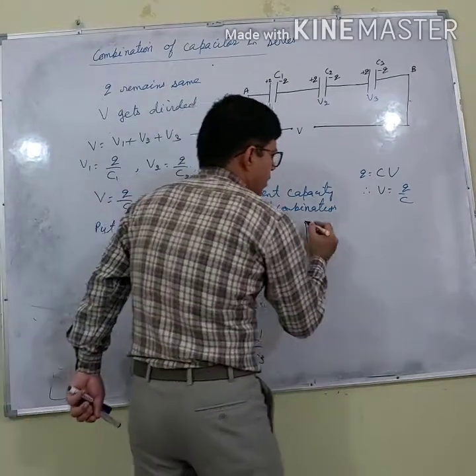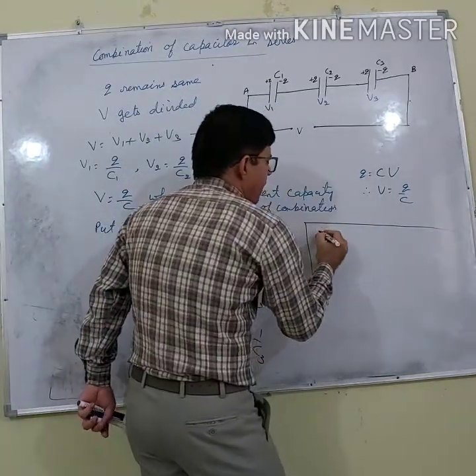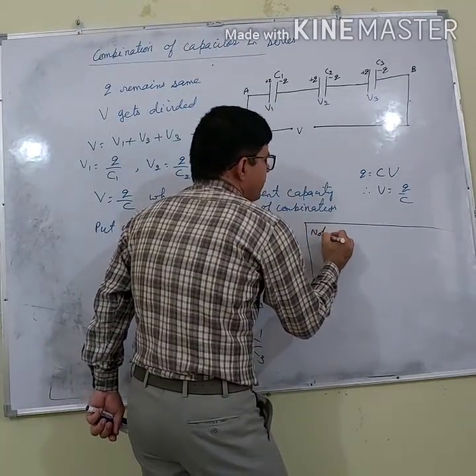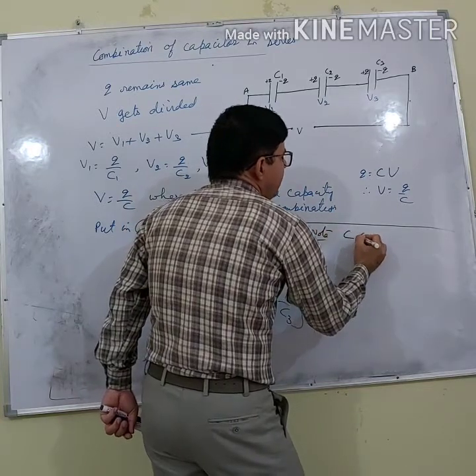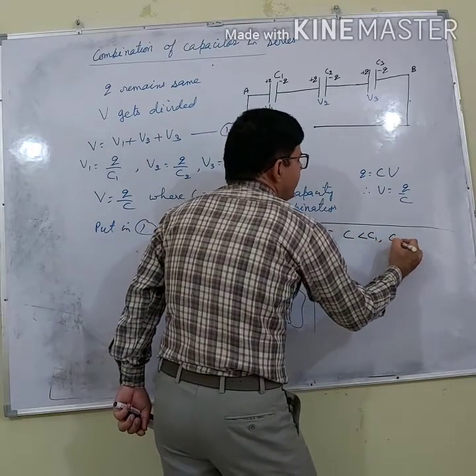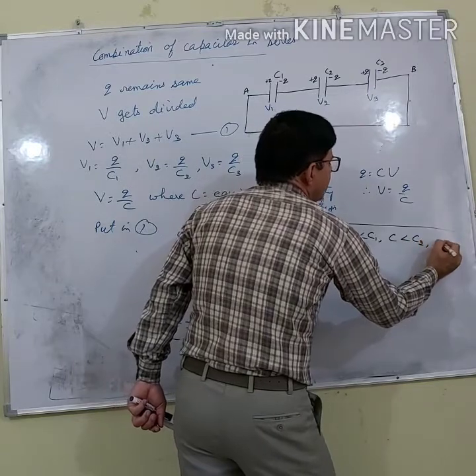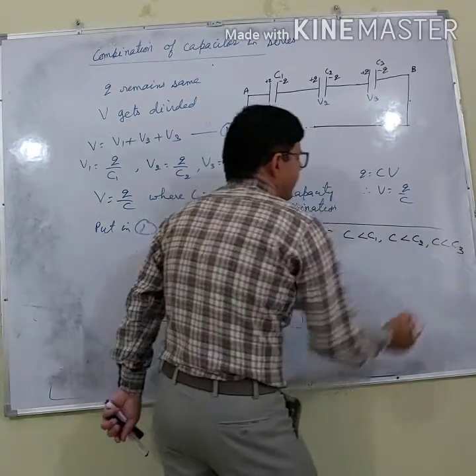Now, if I check it out, C is less than C1, C is less than C2, C is less than C3.